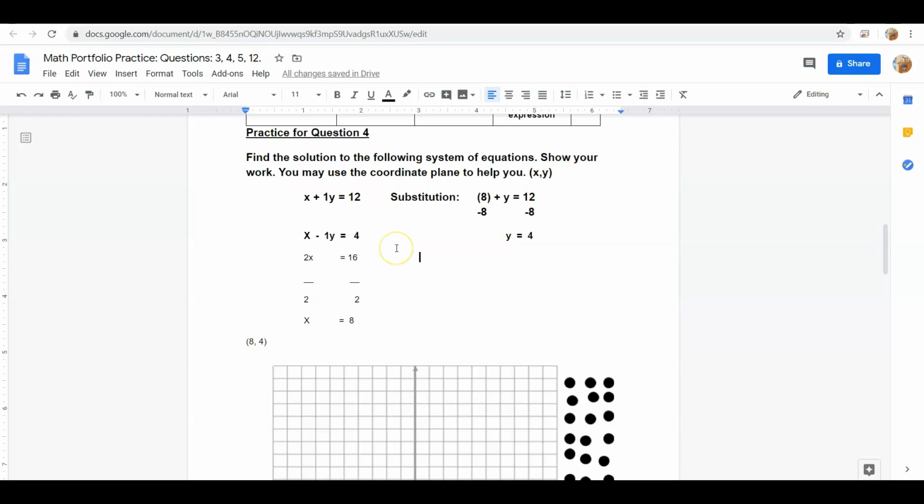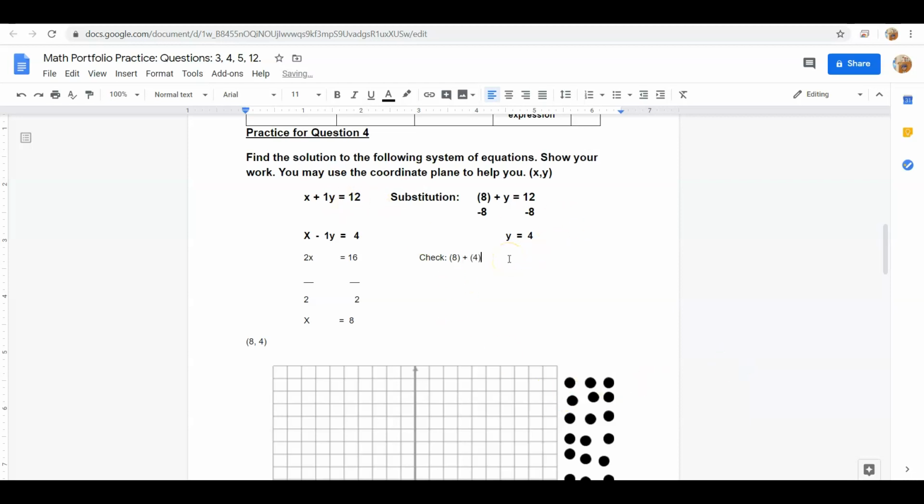I did that already. It seems like I'm done. I'm not. Check your work, ladies and gentlemen. What I mean by that is substitute x and y together and see if these are true. So if x is 8, we're going to write 8 plus 4.